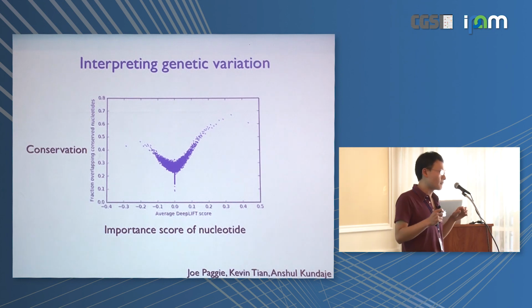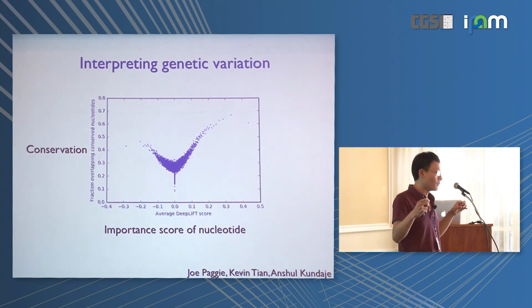What one can do is to have control sequences, background sequences. I talked a little bit about these negative sets, where they don't have any measured activity scores.